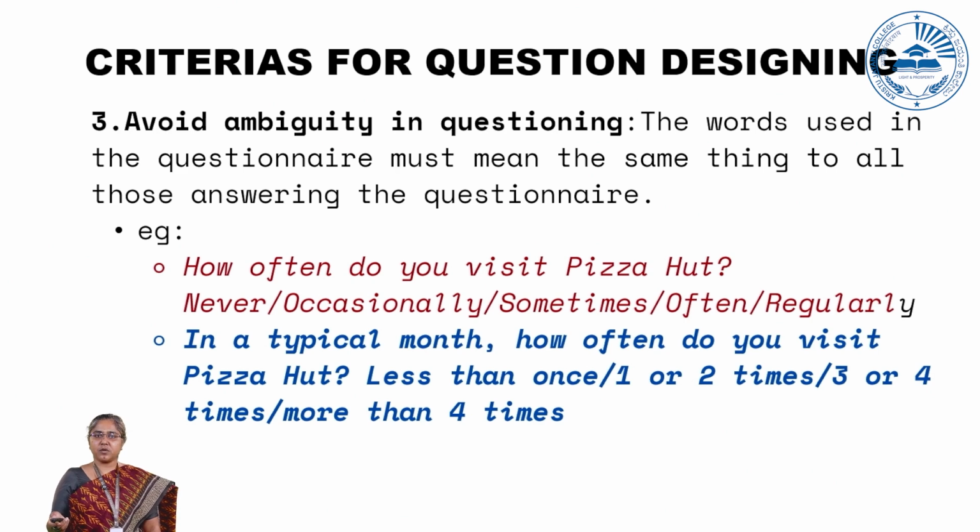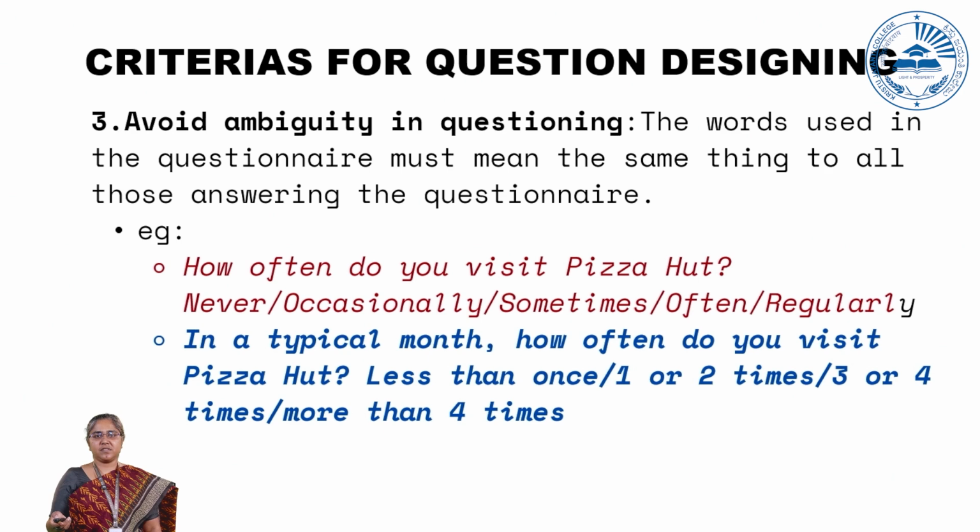The options occasionally and sometimes mean the same. And also, often and regularly also mean the same. So in such a circumstance, when you give it to a respondent, he might get confused which option to choose. The only option that is applicable and that is right is never. And not all respondents are going to give you the answer never.